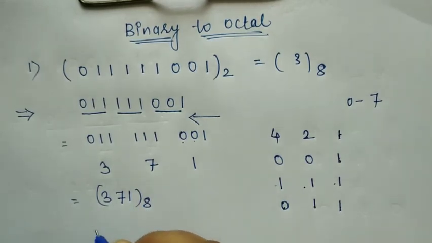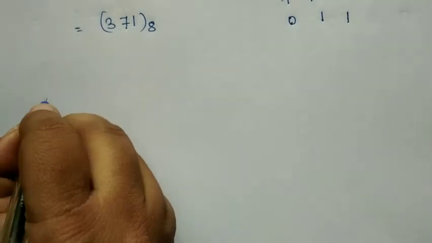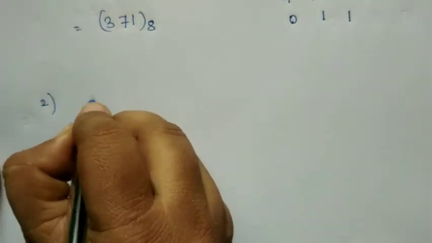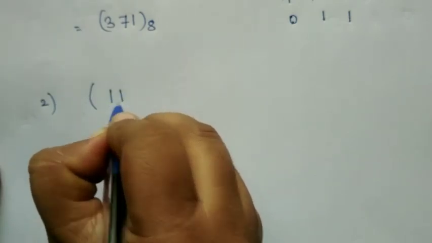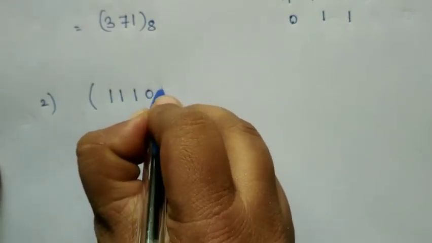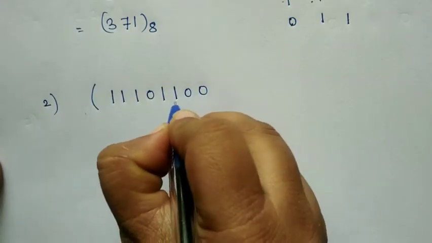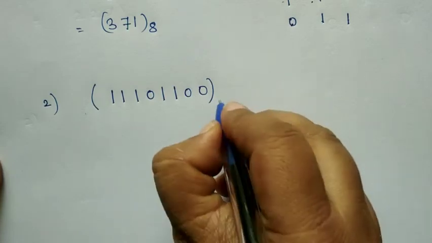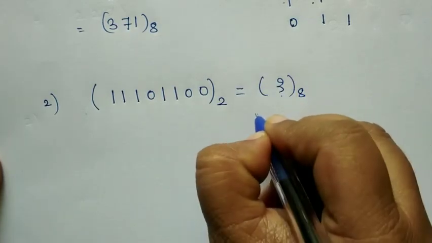Now we will consider a second example to clear the idea. Suppose we consider 11101100. This is the given number, and we have to convert it into the octal number system.